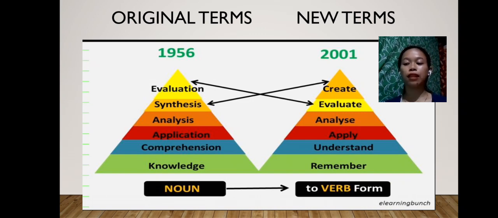In the new terms, in the year of 2001, LOTS is remember, understand, and apply. And HOTS is analyze, evaluate, and create. In 2001, or new terms, is a verb form.